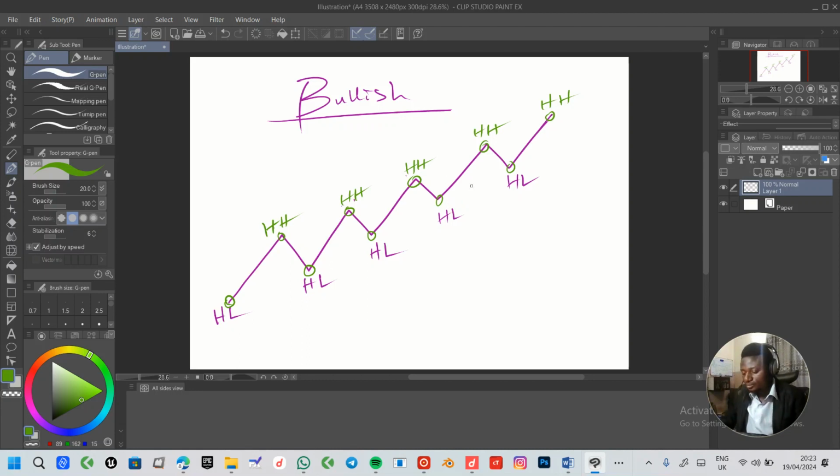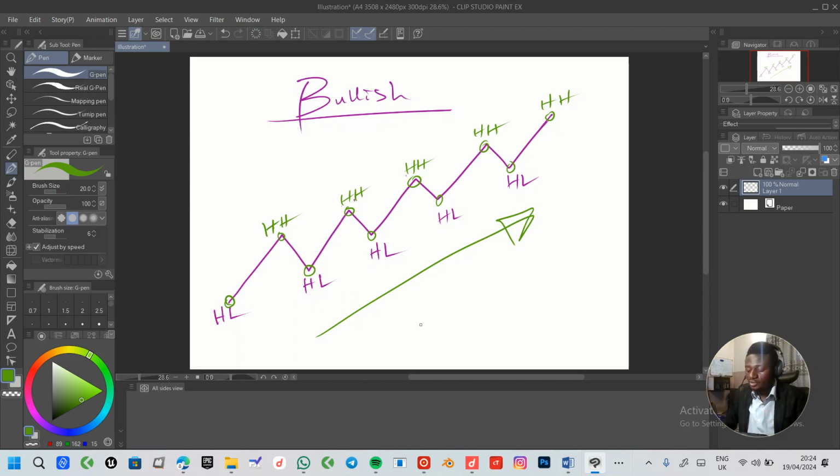Okay, and then on and on, as far as the bullish trend keeps going. So did you see that? Now you see how it's going up. That's how the higher low, higher high derivation works.